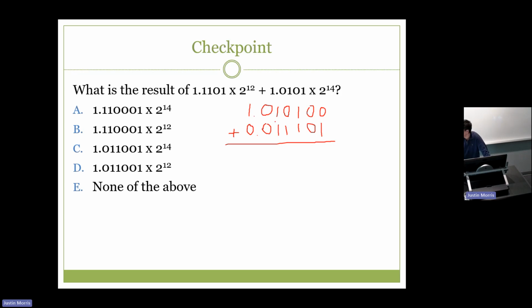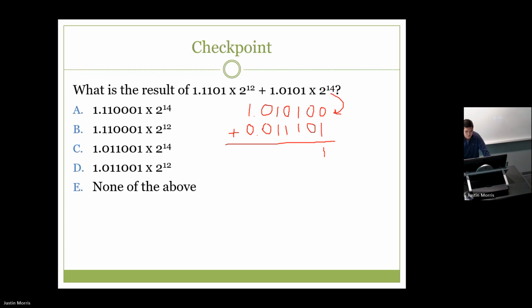Right, so the first thing I just did is align them, right? So this one is smaller by 2. So I need to shift it to the left by 2 in order to make it aligned with this one. So this one stayed the same, but the other one is shifted to the left by 2. And now I just need to add them, right?